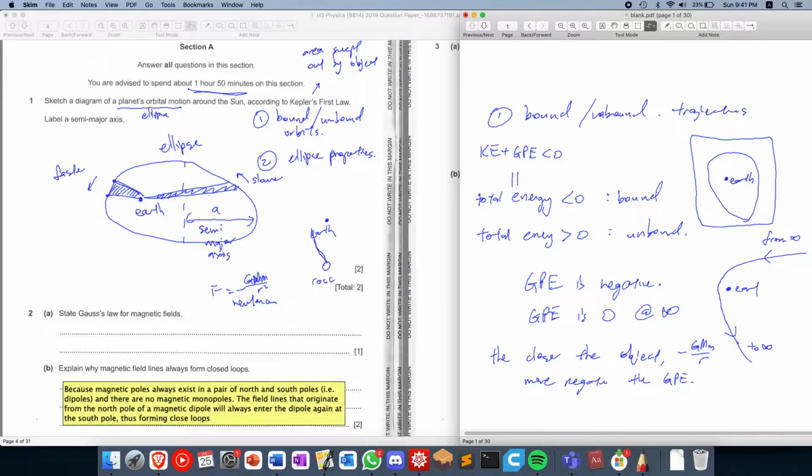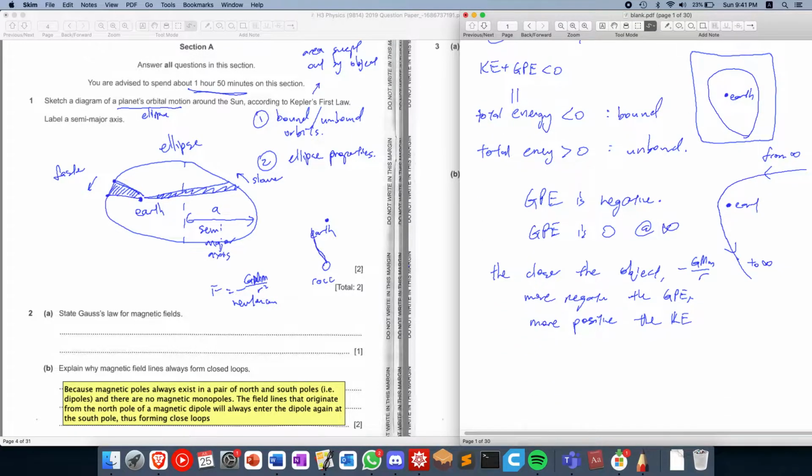And because GPE plus KE is constant, the KE will be more positive, and as a result, the object is faster.